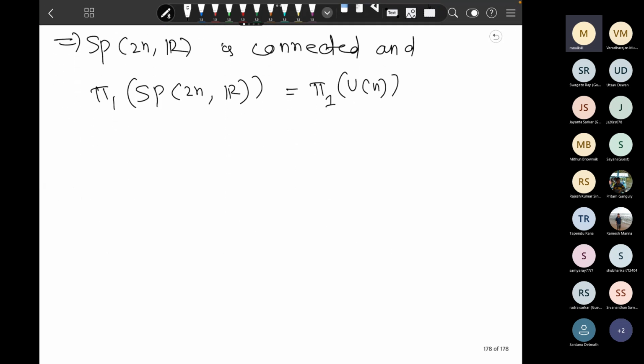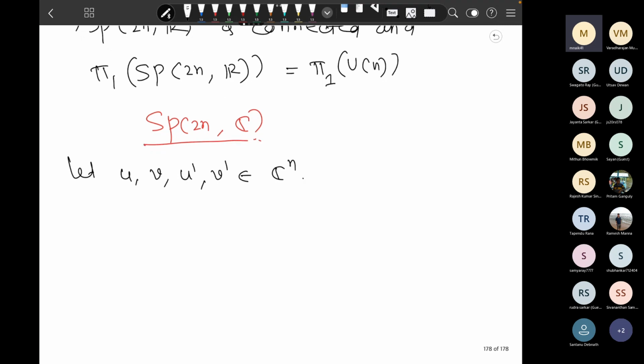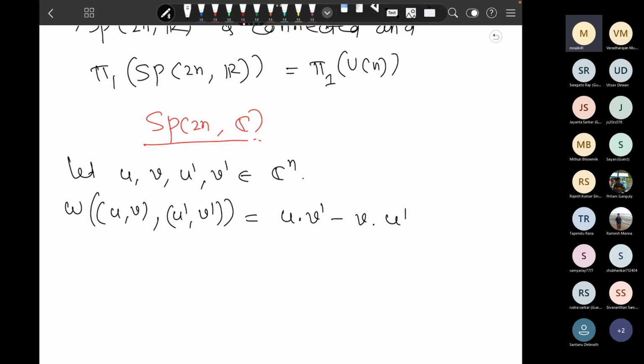We will move towards Sp_2n(C). This is really the same thing. Actually, I will leave some details, taking C^n instead of R^n, with the form W((u, v), (u', v')) equal to u dot v' minus v dot u', and this is non-degenerate.